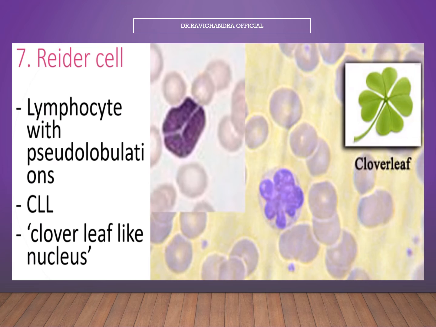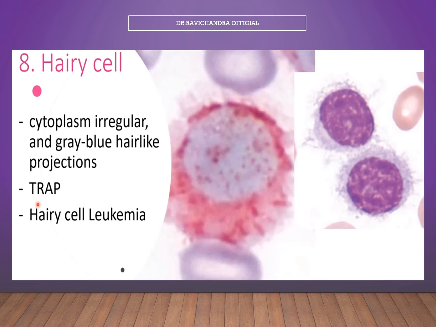Reader cell, characteristic feature of CLL, clover leaf nucleus. Hairy cells have irregular cytoplasm with gray blue hair-like projections, and they are TRAP positive, seen in hairy cell leukemias.